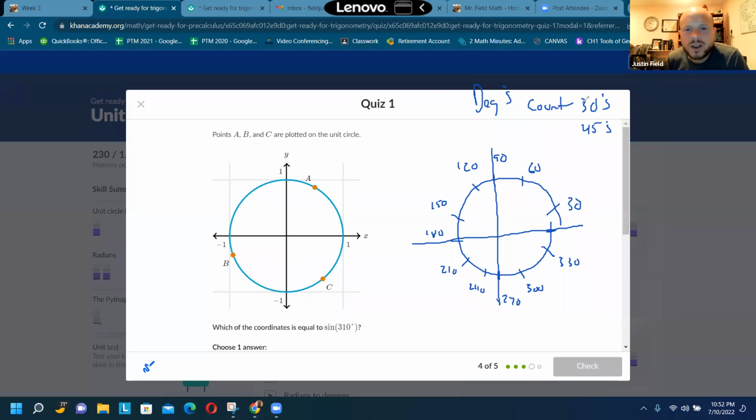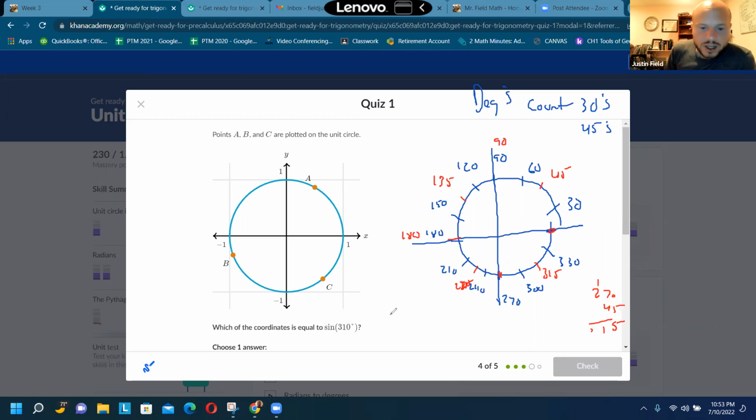Then let's count by 45s. 45, 90, 135, 180, 225, then 270, and then 270 plus 45 is going to be 315, and then 360.